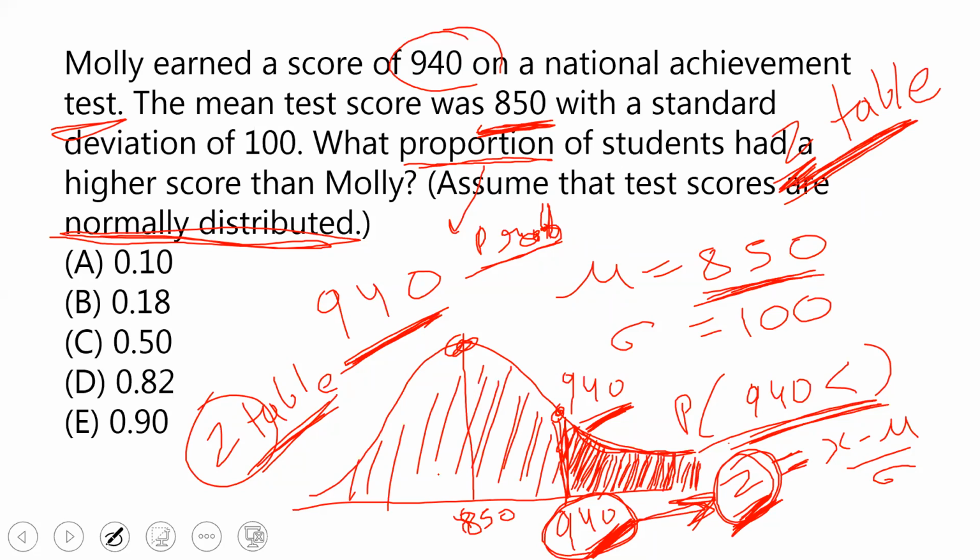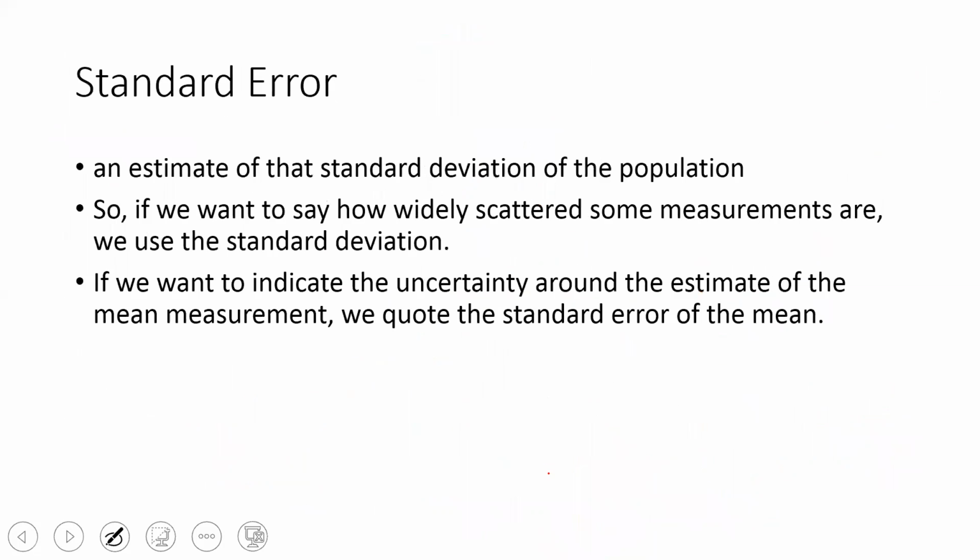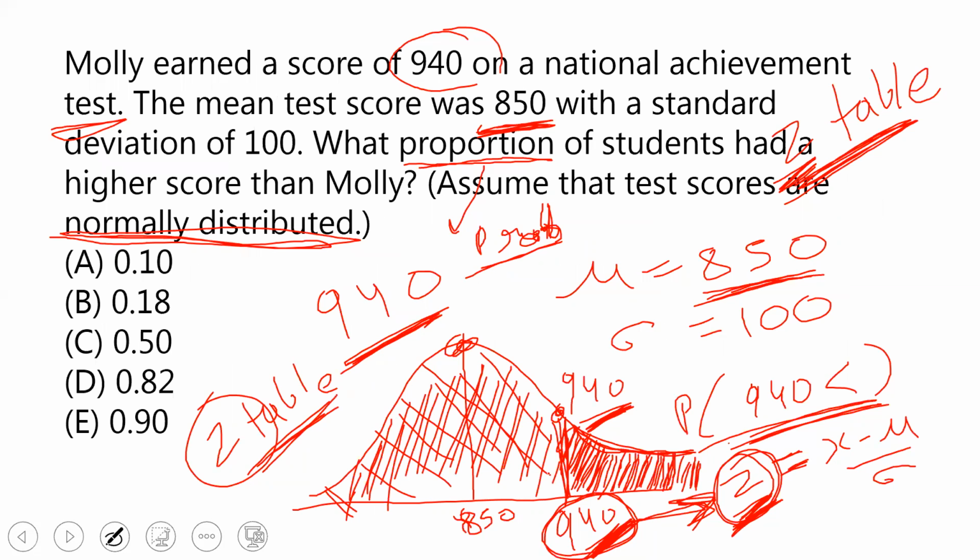If you look into the z table, you will be getting this area. Then you need to subtract that area from 1, so then you will be getting the answer. So that's the way we'll solve this question.